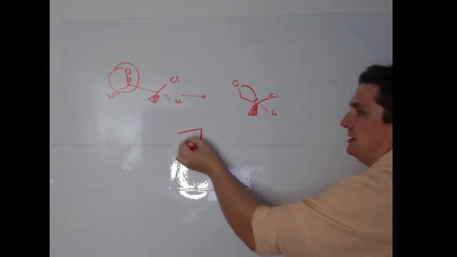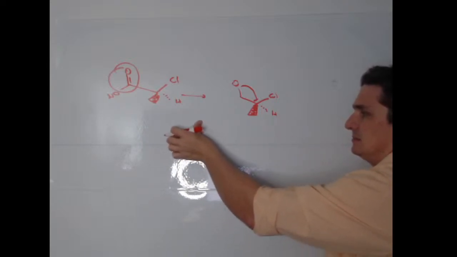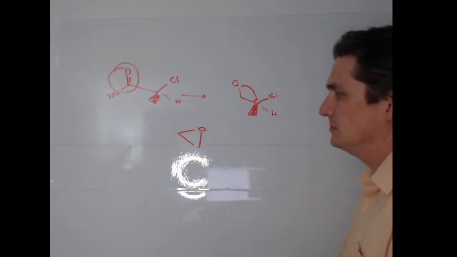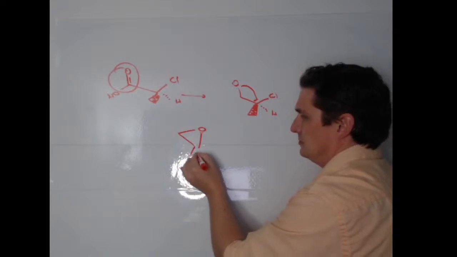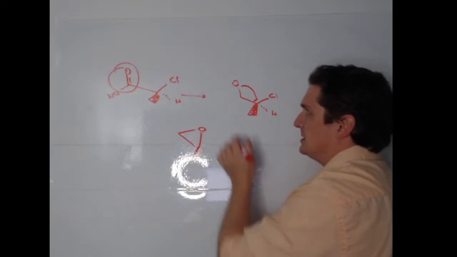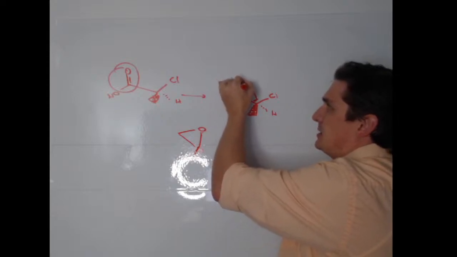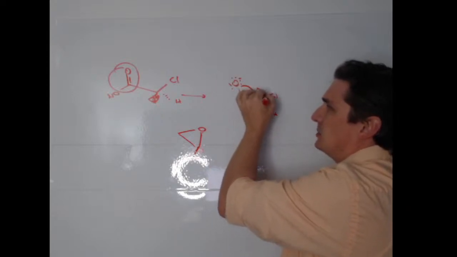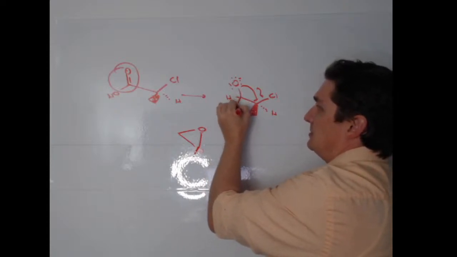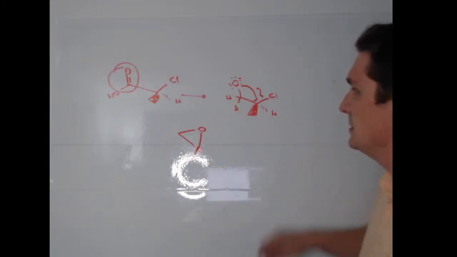You end up creating two forms of this epoxide. So we'll take the hydroxide, and this will pop off the chlorine. First of all, this isn't a chiral carbon, so we don't really have to worry about the stereochemistry.